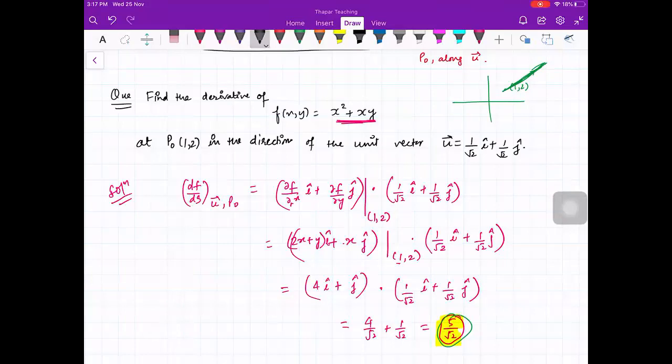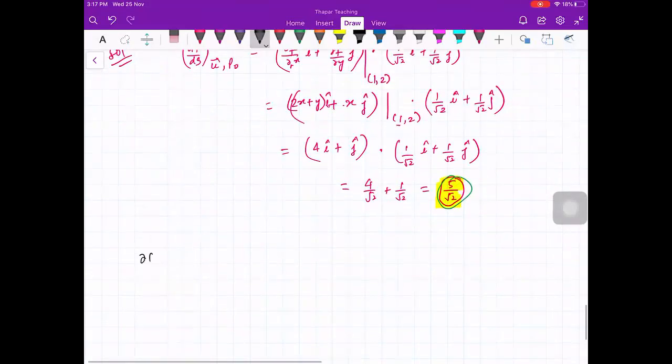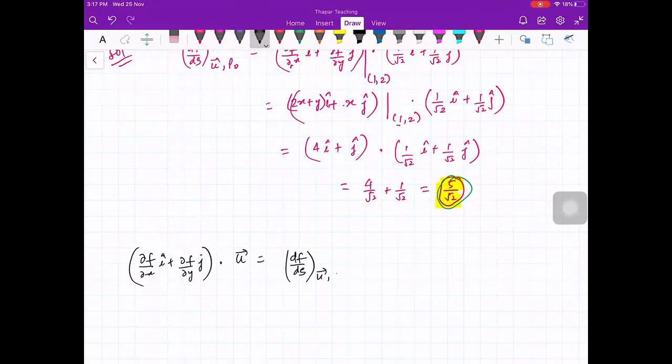So we have ∂f/∂x i cap plus ∂f/∂y j cap, dot product with your unit vector, is your directional derivative. This vector we have a name for.